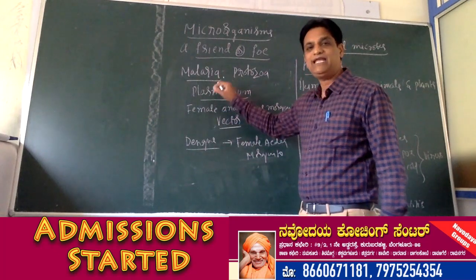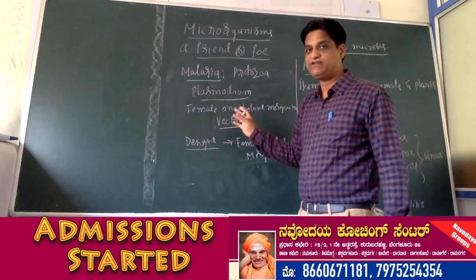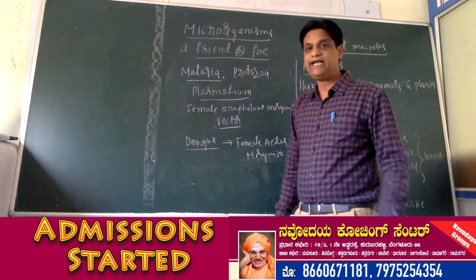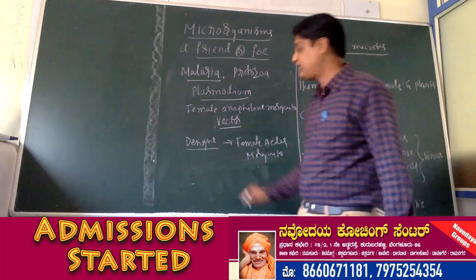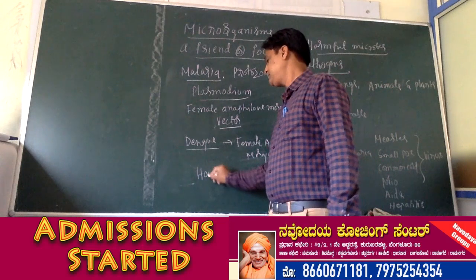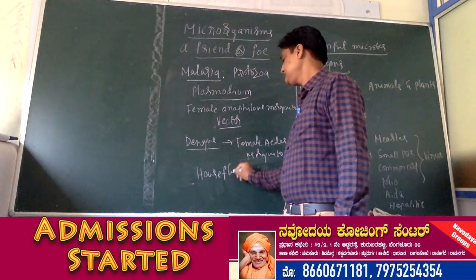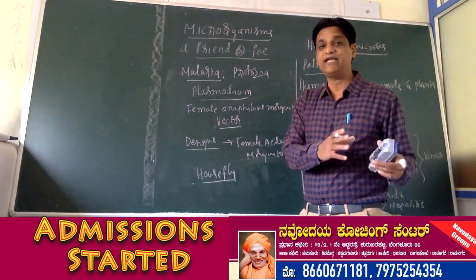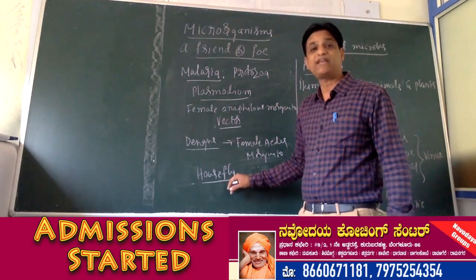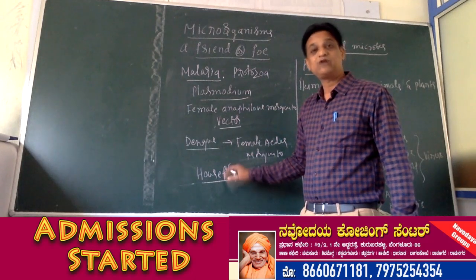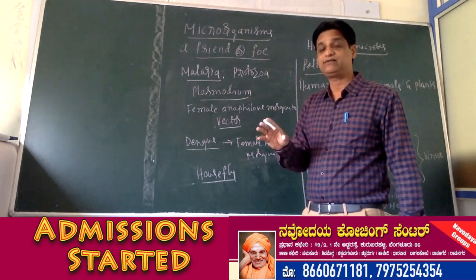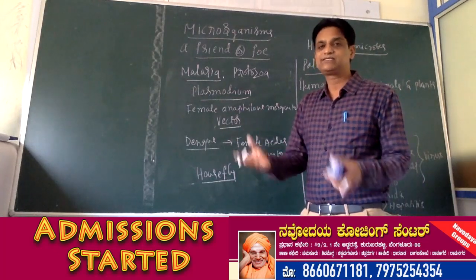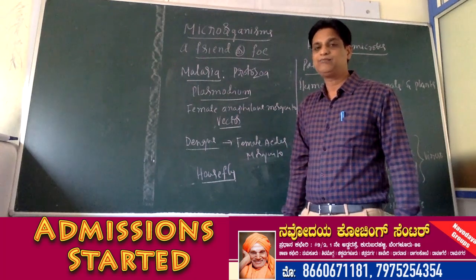So the malaria vector is the female Anopheles mosquito. The dengue vector is the female Aedes mosquito. And another common vector which is responsible for carrying a number of diseases from an infected person to a healthy person is the housefly. So the housefly is another common vector which can carry hundreds of diseases from one person to another person.